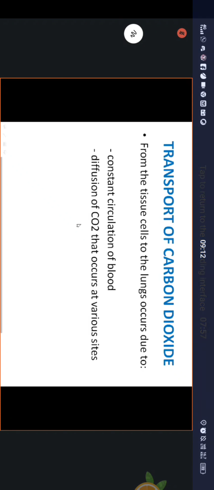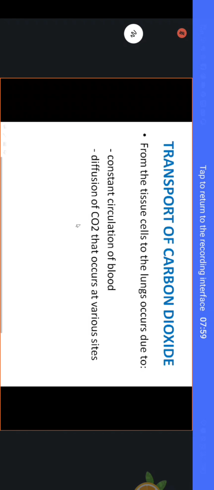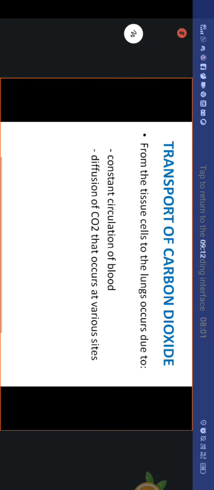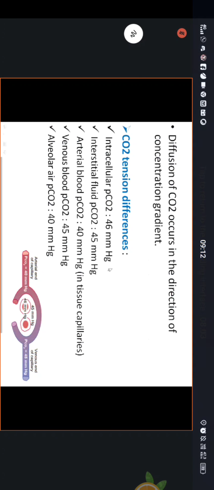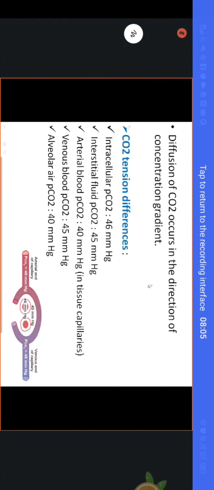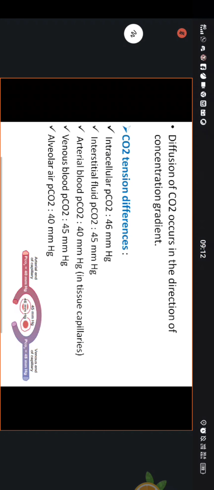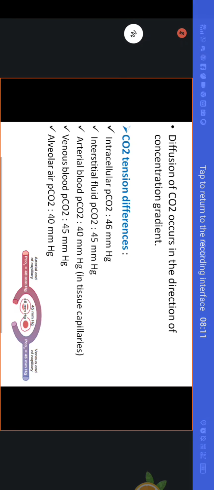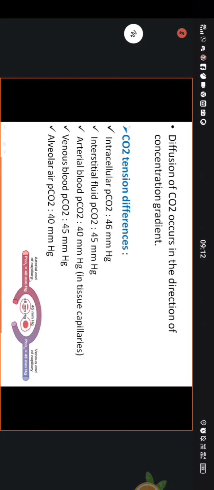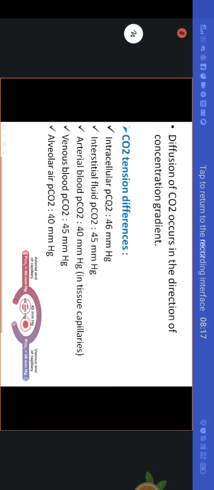So there should be diffusion of carbon dioxide at various sites. This diffusion of carbon dioxide occurs in the direction of the concentration gradient. That means, as usual, diffusion is from a high concentration area to a low concentration area, by random molecular movements, and it occurs because of pressure gradients.